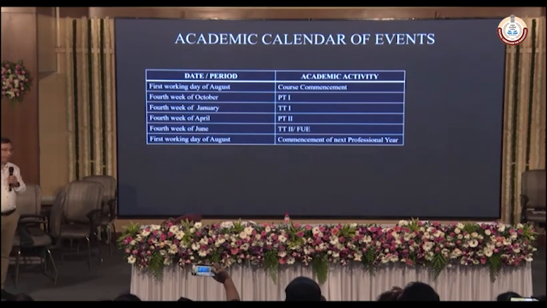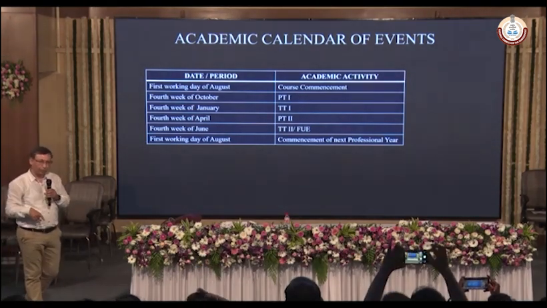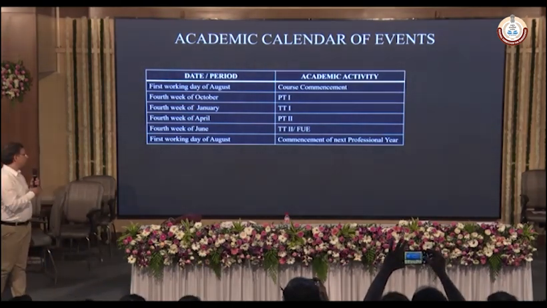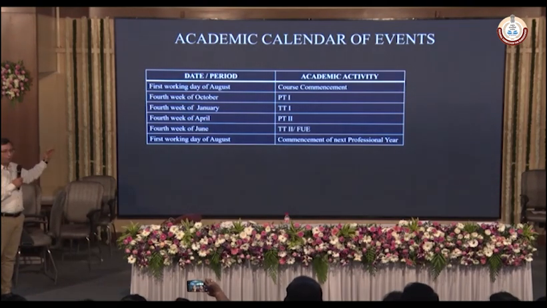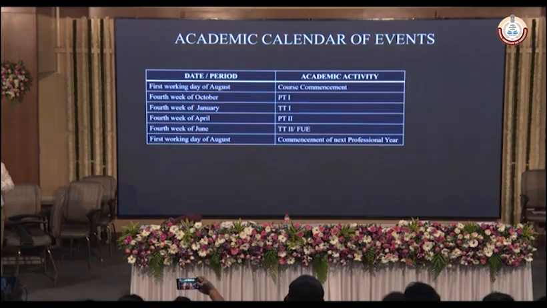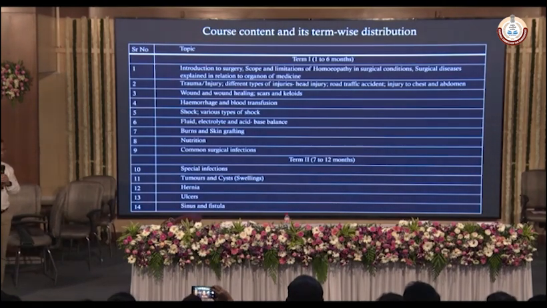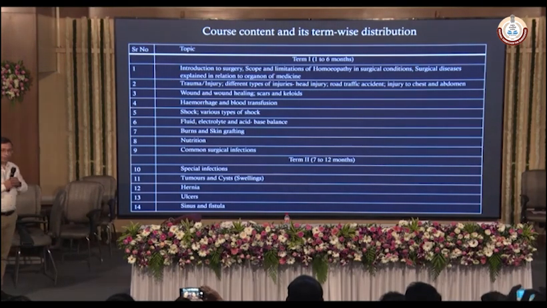So your rough calendar, because in August second BHMS will start. आपका हो गया start अभी या it will go? हो गया ना अभी. So you can have this PT1, PT2, TT1, TT2. This is a course content term wise that is available in our template.